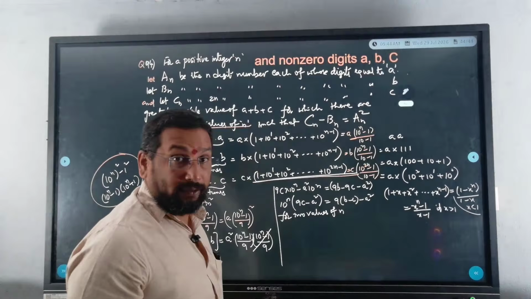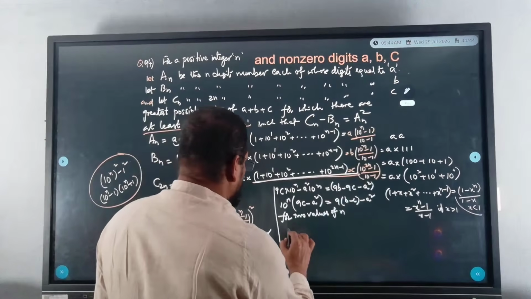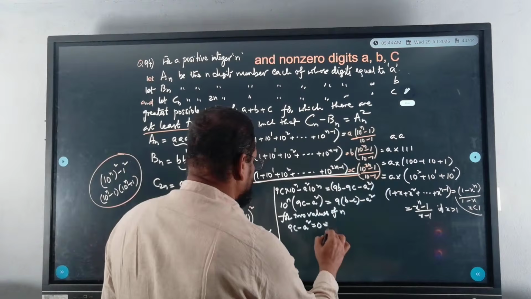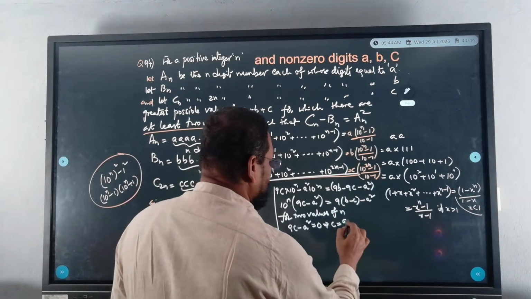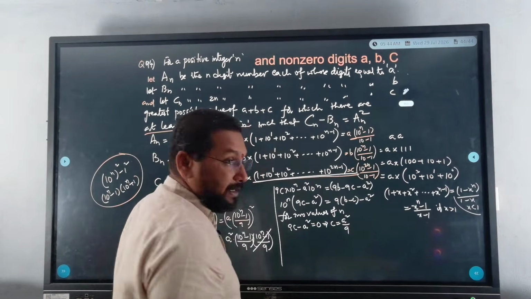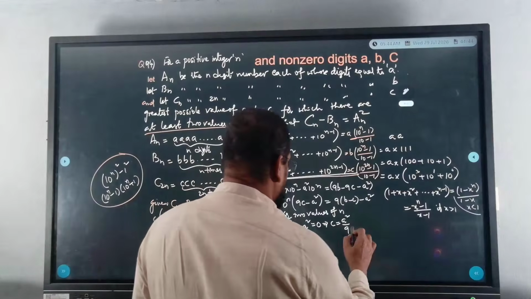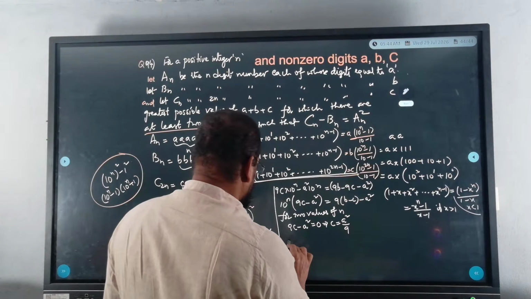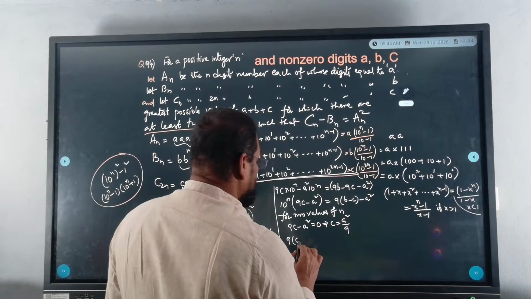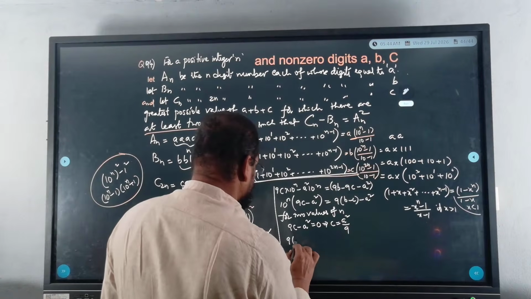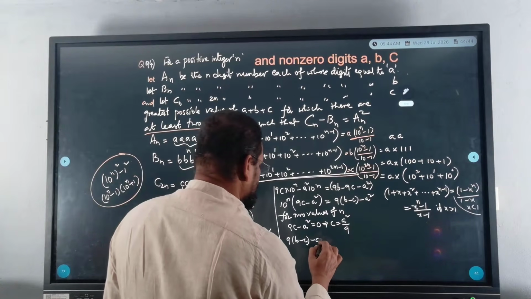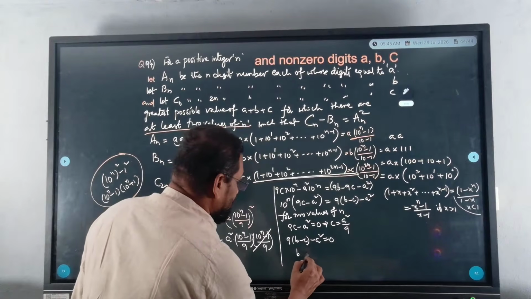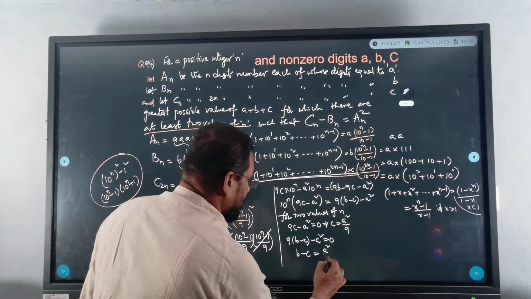Then 9c − a² = 0, so c = a²/9. And 9(b − c) − a² = 0, so b − c = a²/9.